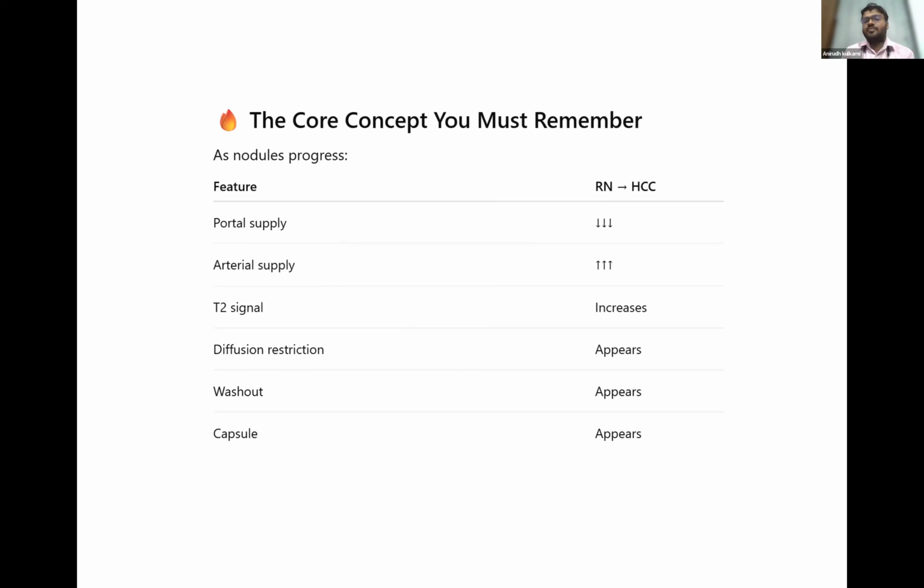So this concept you should remember. From regenerative nodule to HCC, what will happen? Regenerative nodule has more portal supply, but HCC has no portal supply and more arterial supply. Regenerative nodule is T2 hypointense, but HCC is T2 hyperintense. Dysplastic nodule will be hypointense or intermediate signal.